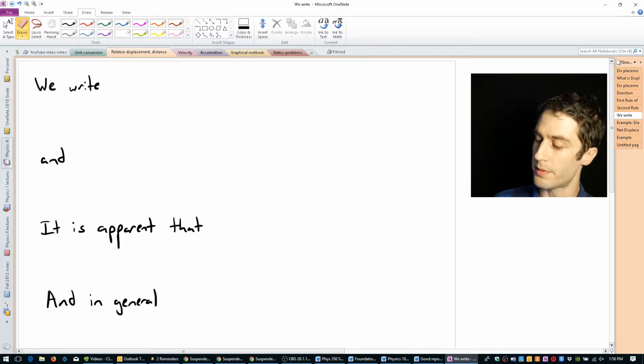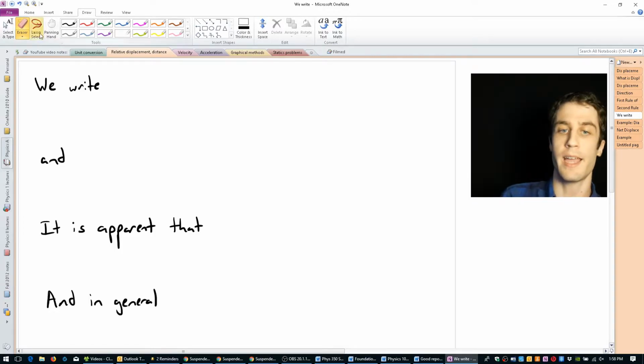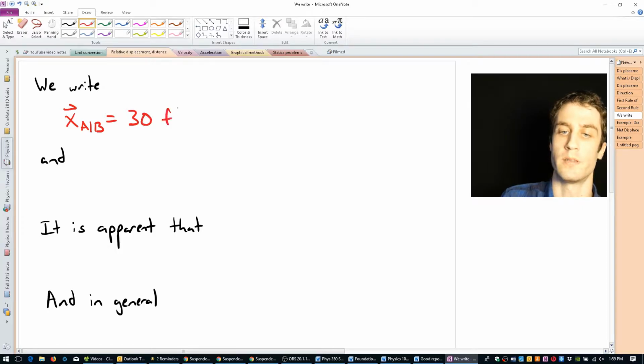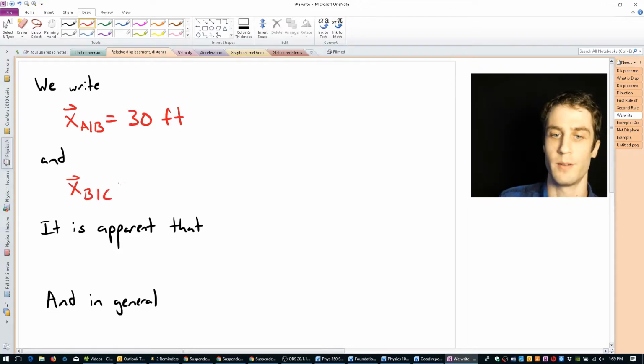And what we do is we write XA relative to B, Alice relative to Bob, is equal to 30 feet. Right? And XB, Bob, relative to Carl, is 50 feet. All right.